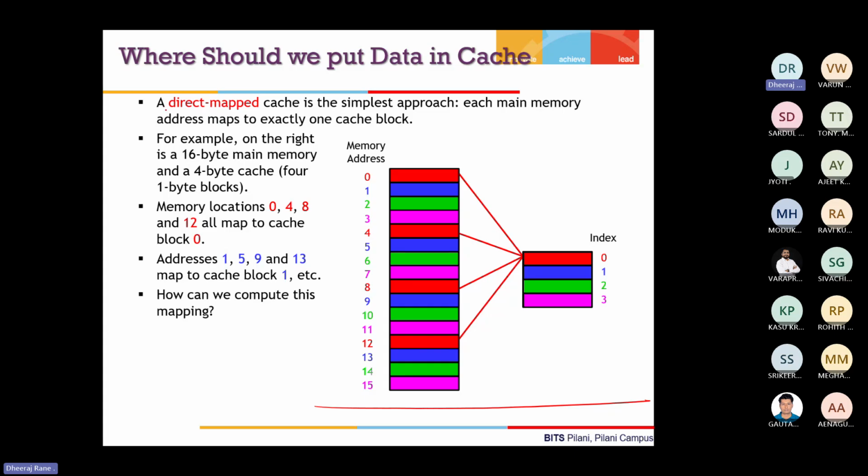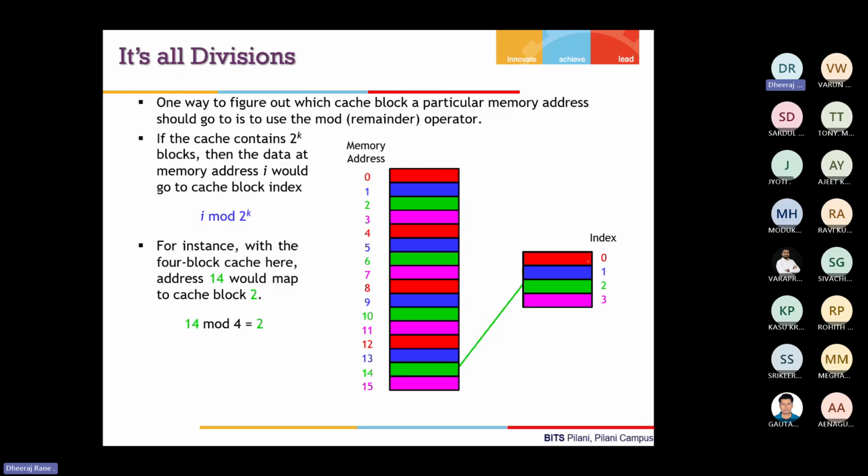So as I told you, when it is directly mapped, it will be something like this, where corresponding to a block, there will be a specific line within the cache that will be reserved, and whenever some address comes, it will directly pick up this particular block.